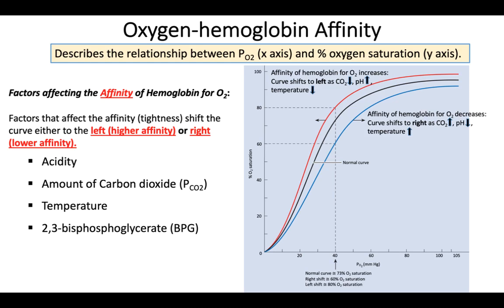So now let's go back to this idea of cellular respiration. If you're a tissue, for example your muscle tissue, and you're very active, let's say you're running and you've got quadricep muscles that are contracting and relaxing, those cells have to be generating a lot of ATP. So as a result of generating a lot of ATP, you also generate a lot of carbon dioxide. You also become acidic.